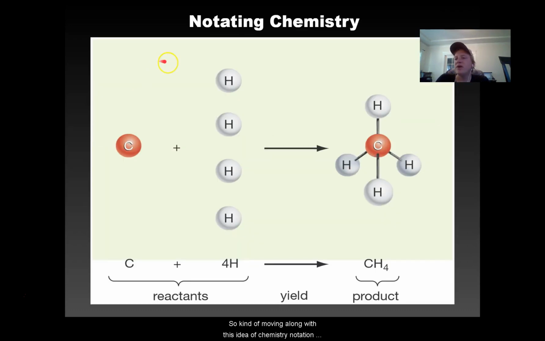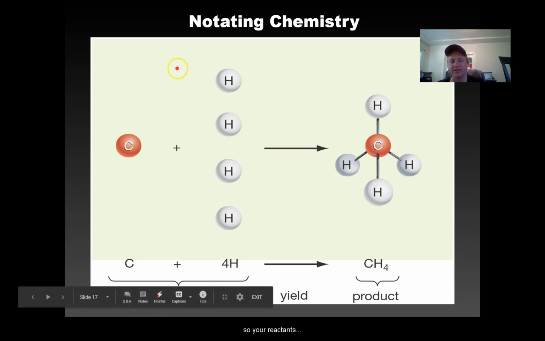So kind of moving along with this idea of chemistry notation, this is 1 carbon. These are 4 hydrogens. Okay, this is CH4 over here. This is methane. And this arrow means yields. Okay, so 1 carbon plus 4 hydrogens yields methane. And this yields thing just kind of means like a chemical reaction has taken place, and we've converted our reactants.